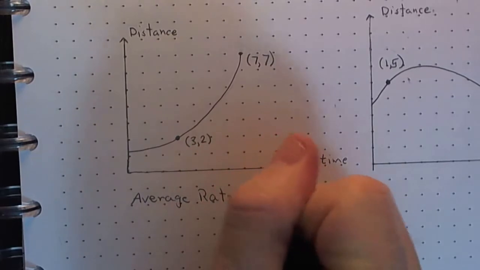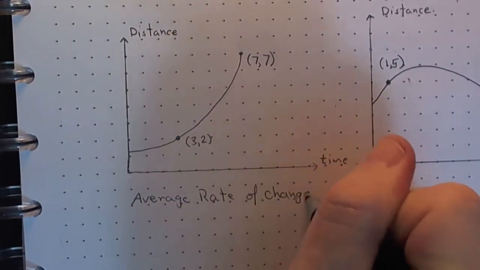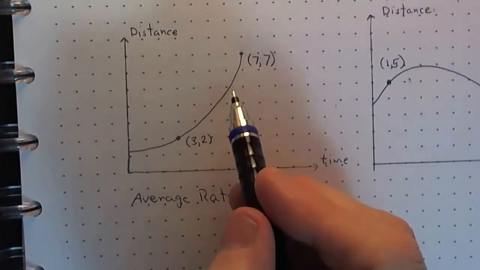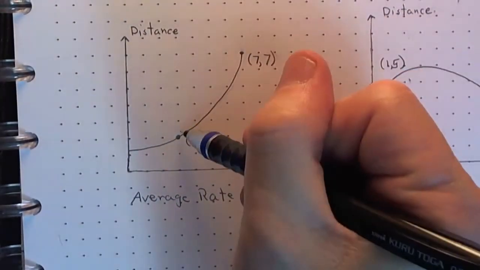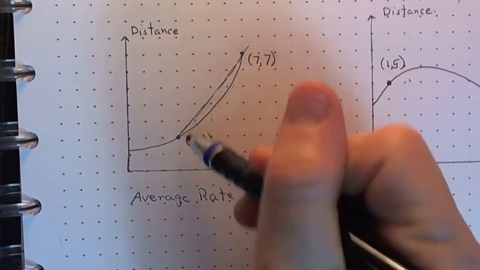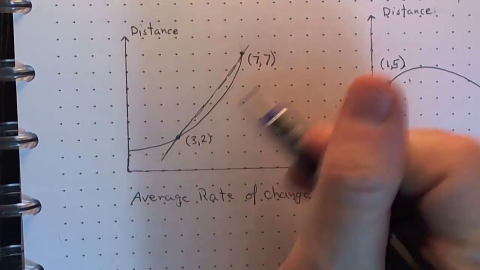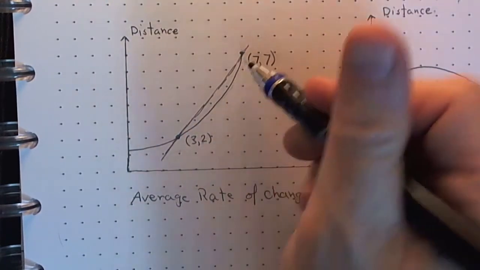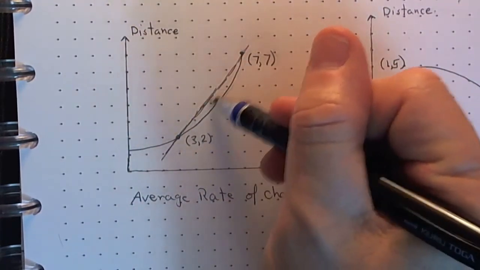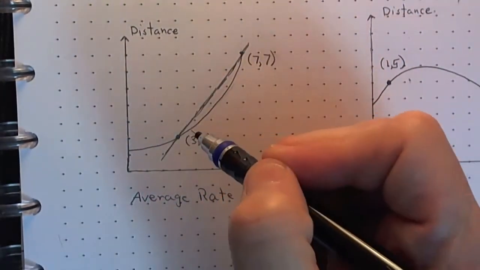In other words, in this case, we'll talk about our average velocity. And we're still going to do that by simply calculating a slope. So let me draw a line between these points. I've got 3, 2, and 7, 7. See? So I just draw a nice line here. And I want to get the slope of that line.